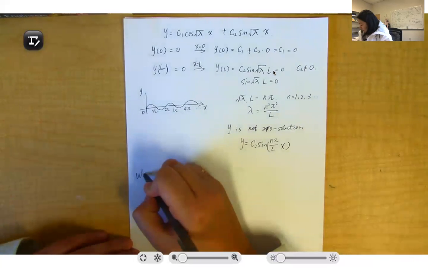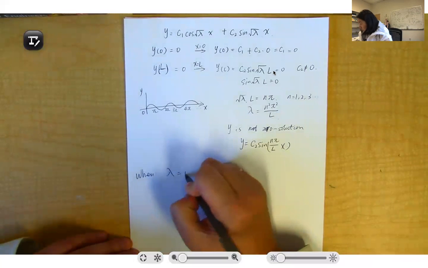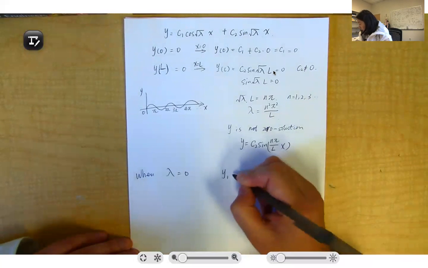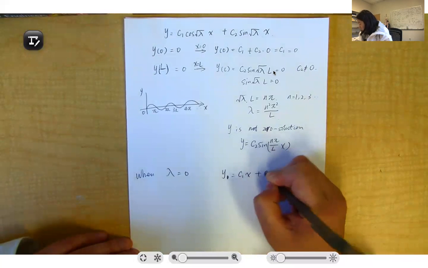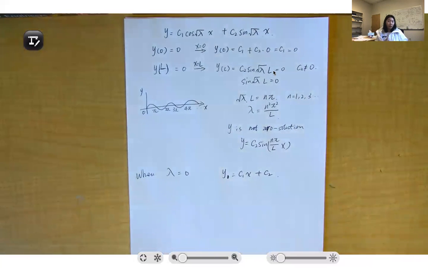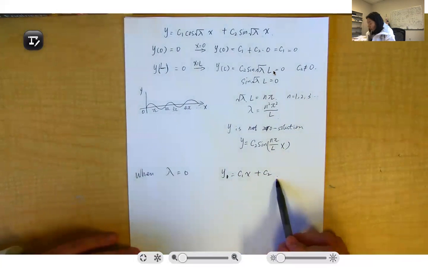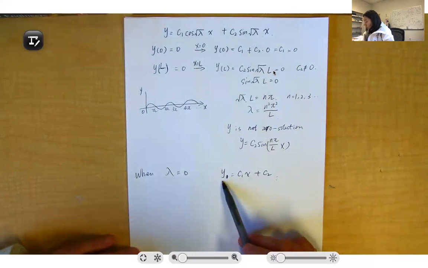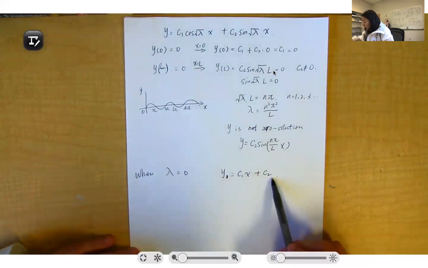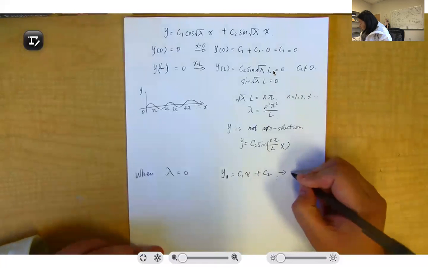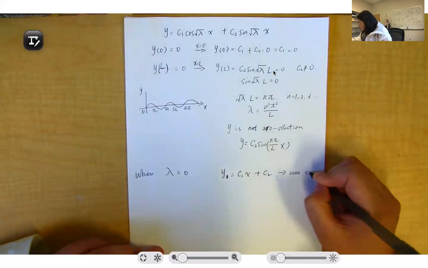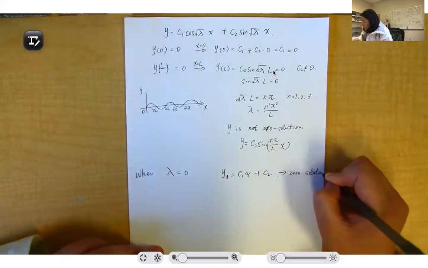So when lambda equals 0, y will be equal to C1 x plus C2. That is based on your r equals 0. Then you lead to this solution. And if you have the boundary conditions y(0) equals 0, y(L) equals 0, then both C1 and C2 will be 0. That will lead to a zero solution. So y equals 0.